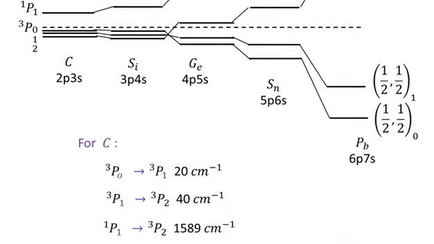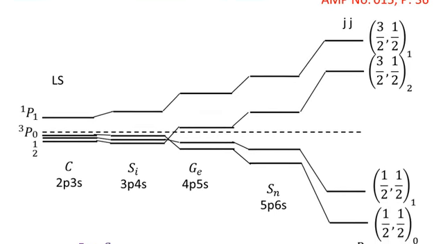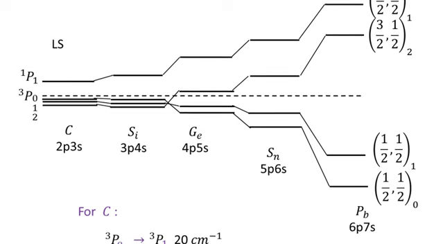So you see that now I am going to give you the distribution when we move from the carbon atom, that is the lighter atom, to the lead atom, which is the heavier atom. I have carbon atom, silicon atom, germanium atom, tin atom, and lead atom, and I have written down here the ground state configurations, which are 2p3s, 3p4s, 4p5s, 5p6s, and 6p7s.